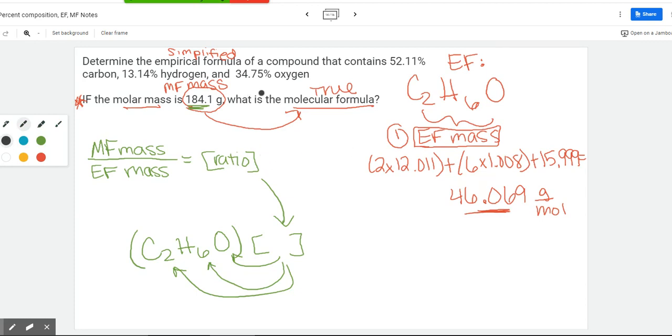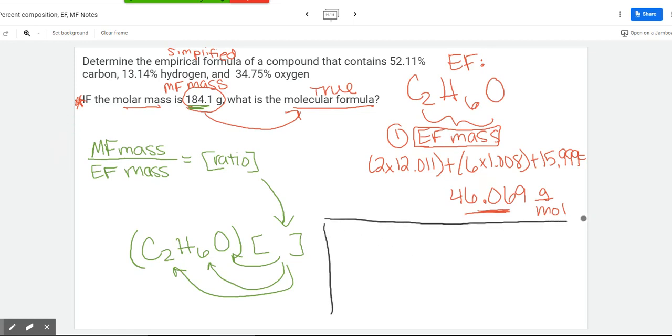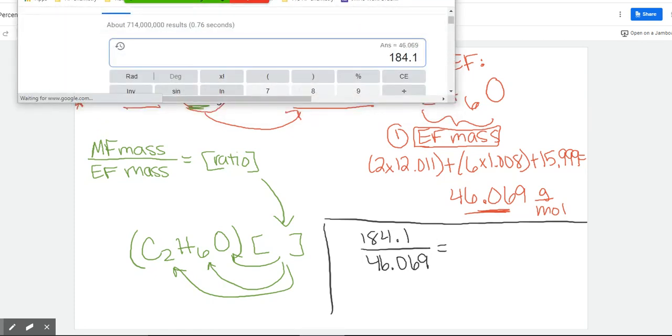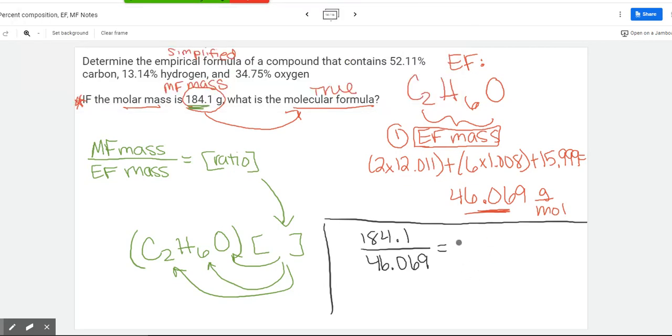So what we have here was our 184. So I'm going to go ahead and write it down here. So I had my 184.1 divided by my 46.069. I'm going to plug those into the calculator. And we get 3.996, right? 3.996, which means that's approximately 4.